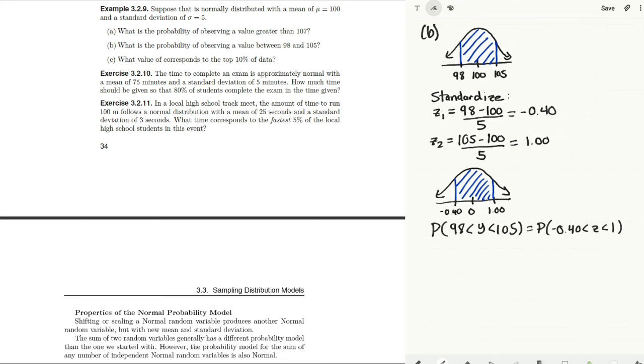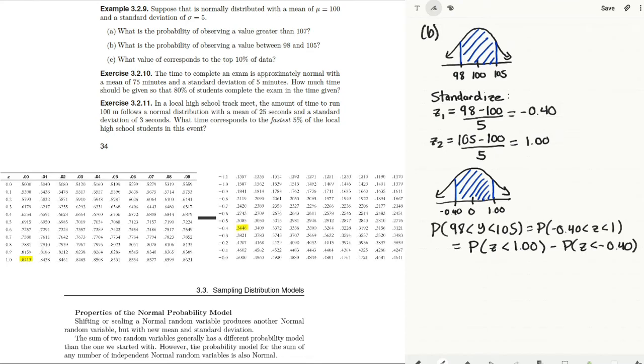And keep in mind that the z-table gives us areas to the left of z-scores. So to determine the area of the blue region, we can look up the area to the left of 1 and then subtract it from the area to the left of negative 0.4. And so mathematically, this would be the area to the left of 1 minus the area to the left of negative 0.4.